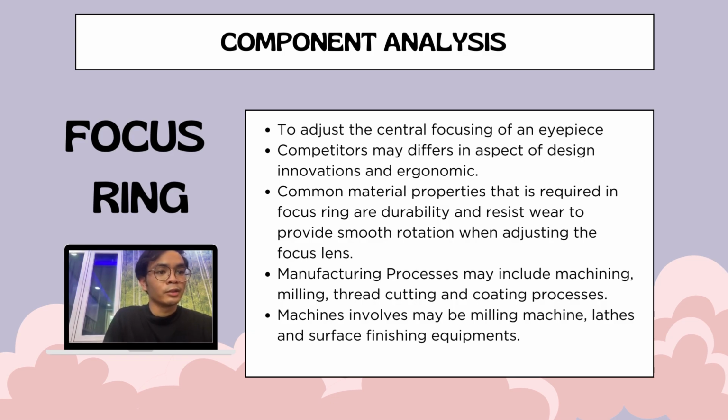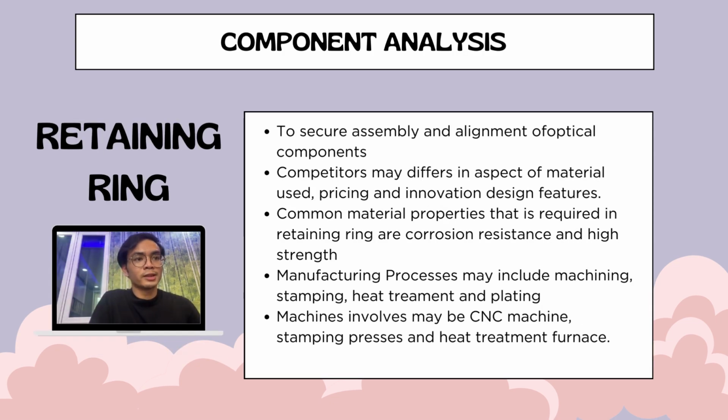And next is the manufacturing process for the focus ring. It usually may include machining, milling, thread cutting, and coating processes. The machines involved in this manufacturing process will be a milling machine, lathe, and surface finishing equipment. The third component is the retaining ring. This retaining ring helps secure the assembly and alignment of optical components in binoculars.